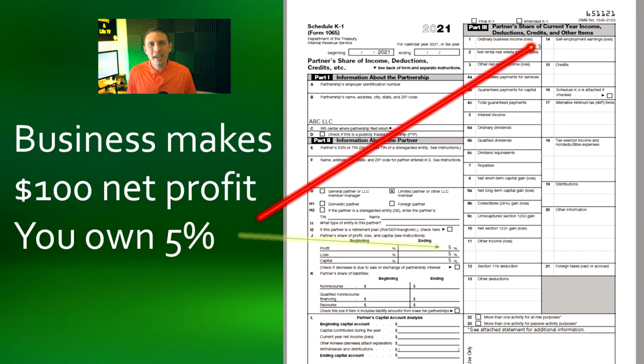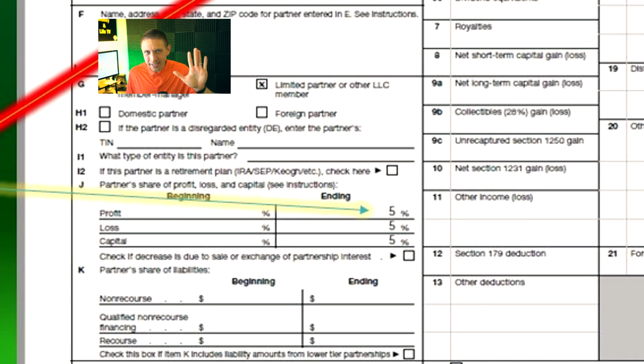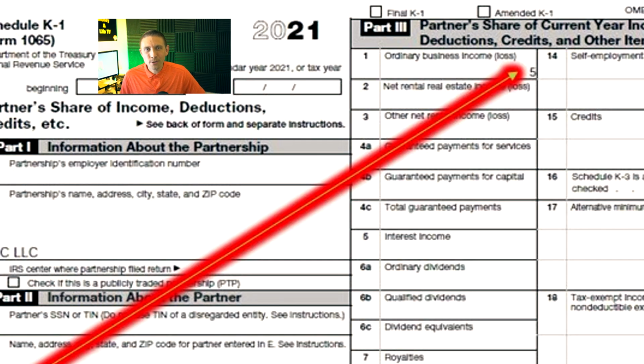Simple example would be if the business you own made $100 in profit for the year. And let's say that you are a partner or a member of this business and there's a bunch of other people involved. And so you only own 5% of the business in total, only 5%. So of that $100 in profits, you would be entitled to only $5 of that profit.